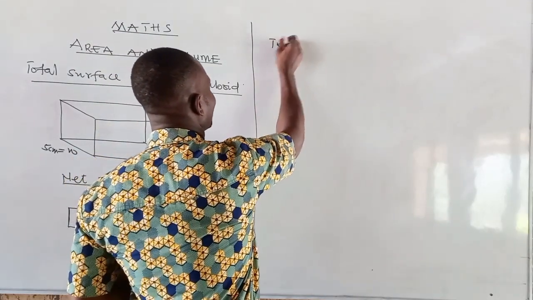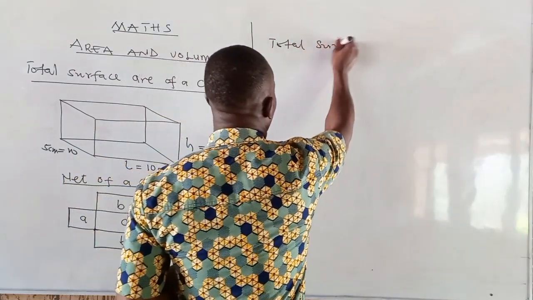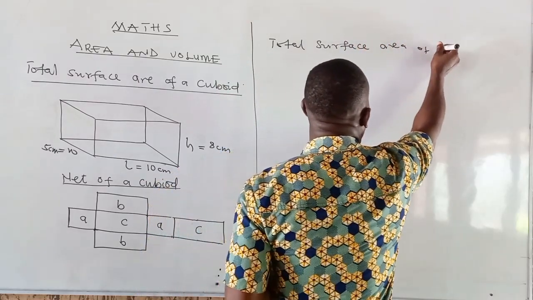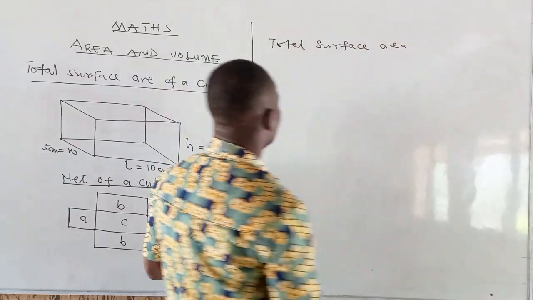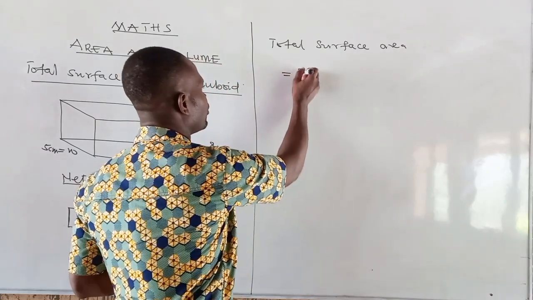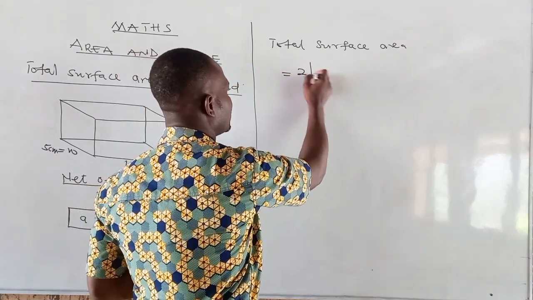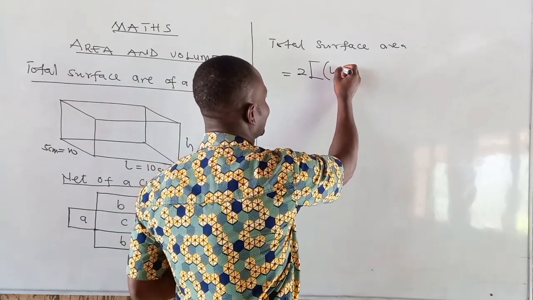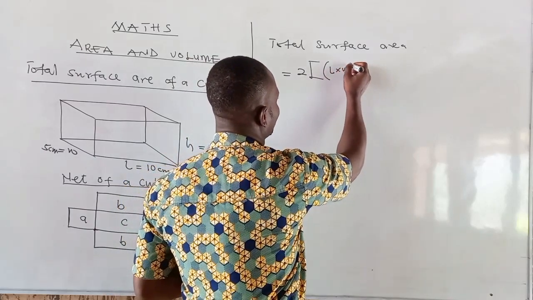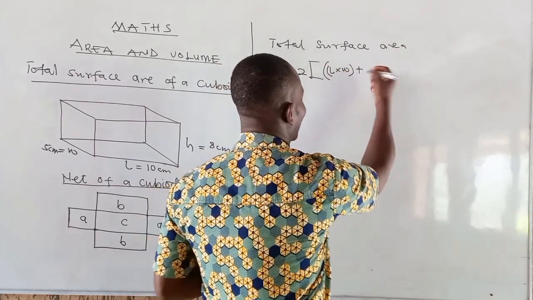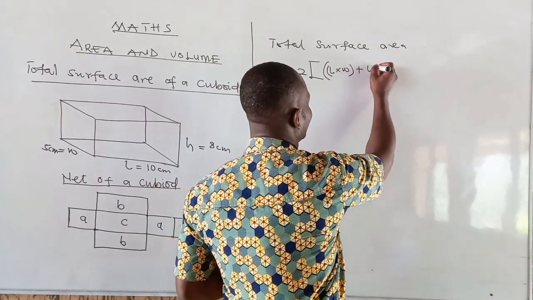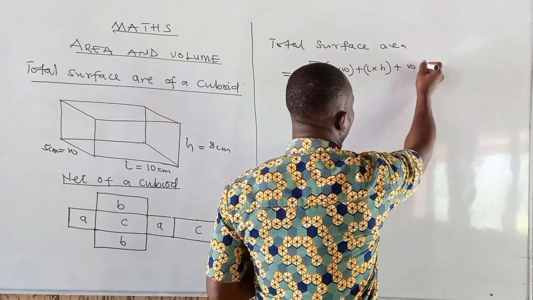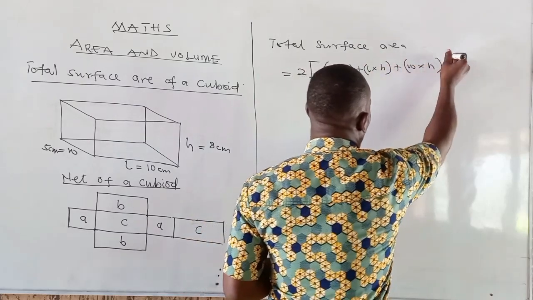So the total surface area of a cuboid is 2 outside the bracket: the length times the width, plus the length times the height, plus the width times the height.